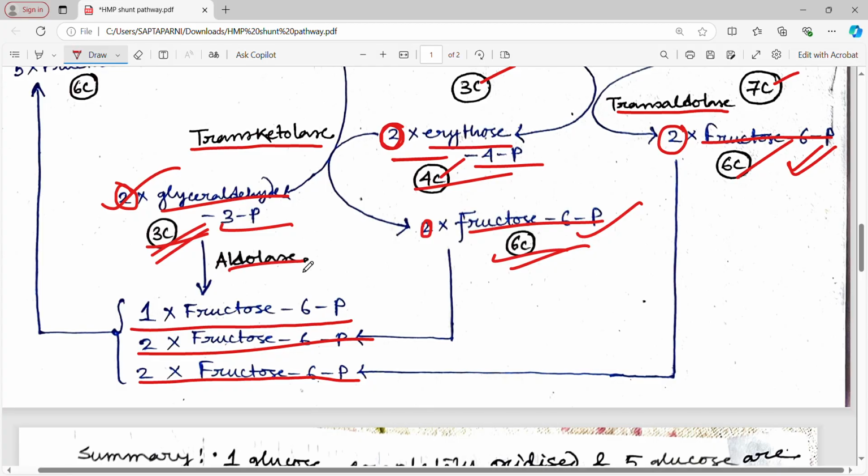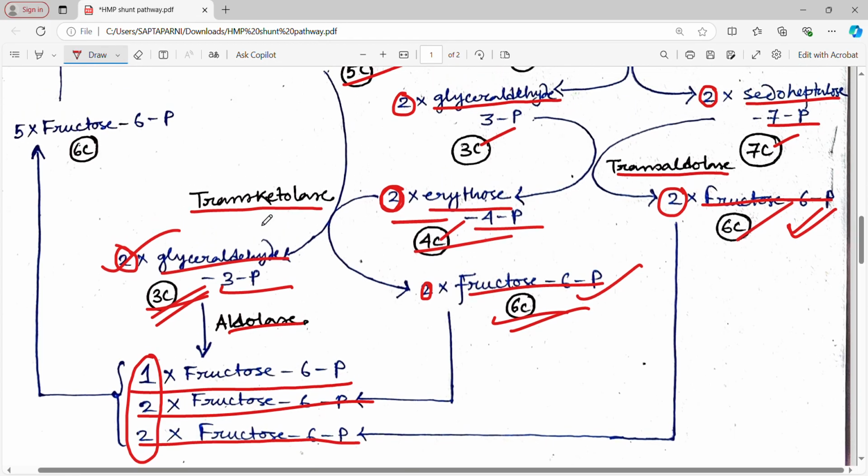Here the reverse reaction occurs where 2 molecules of glyceraldehyde 3-phosphate get condensed into 1 molecule of 6 carbon fructose 6-phosphate. Now how many fructose 6-phosphate have we got till now? 1 plus 2 plus 2, 5. So these 5 fructose 6-phosphate go to the next step.